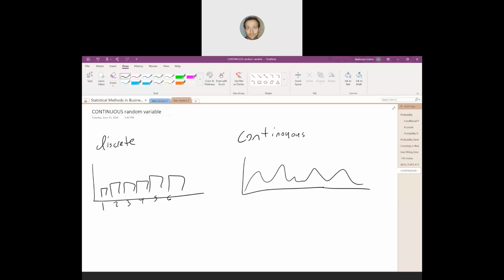Now, the area under each, this and this and this, all of them together have to equal 1. And here, same thing. All of the area under here, this added together has to equal 1.